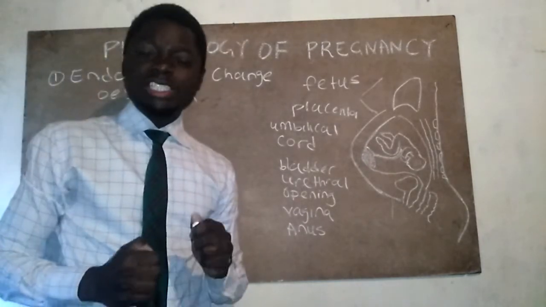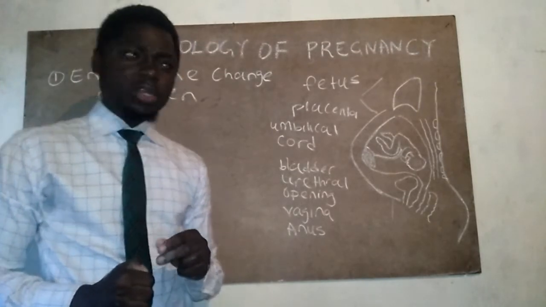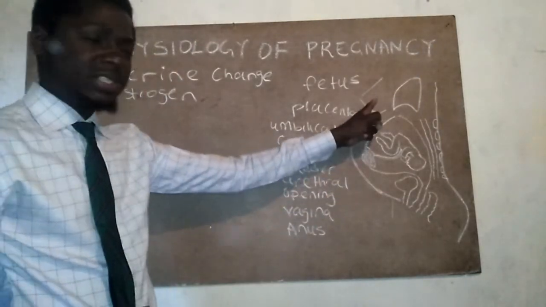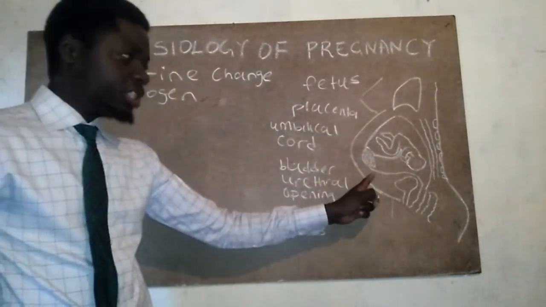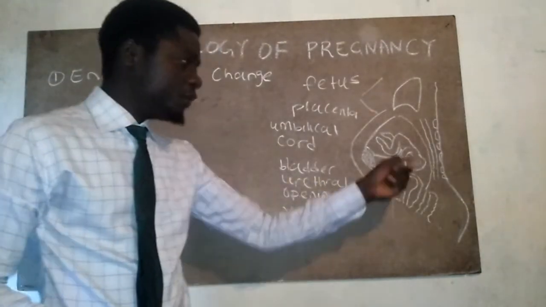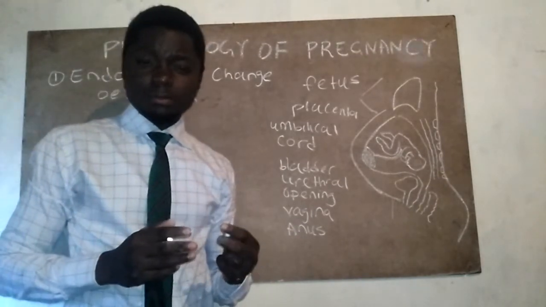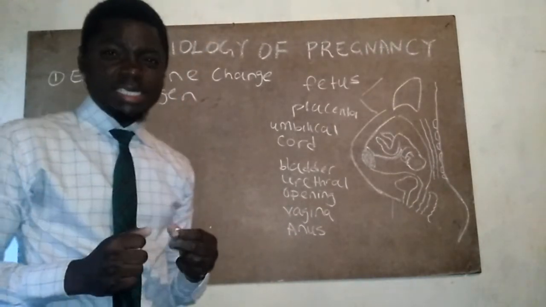What estrogen does is stimulate tissue growth. For example, tissue growth of the breast, the uterus, and also the development of the fetus inside the uterus. That's the work of estrogen. That's why we term estrogen the developing hormone.